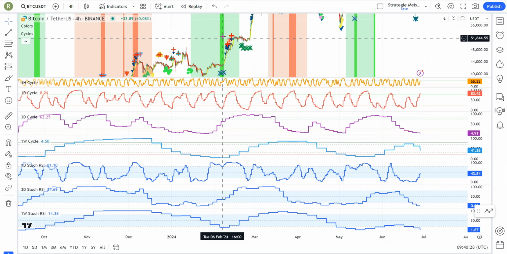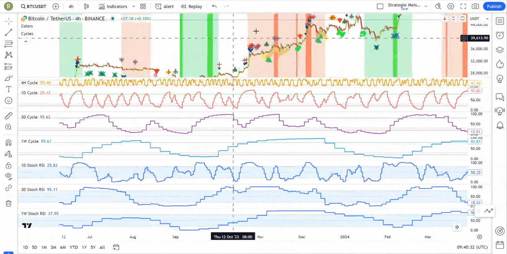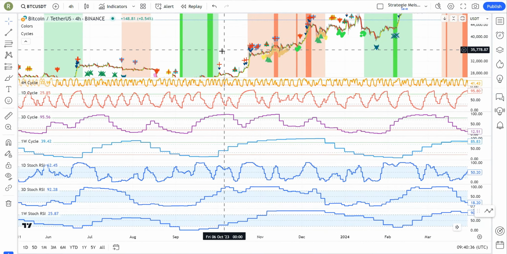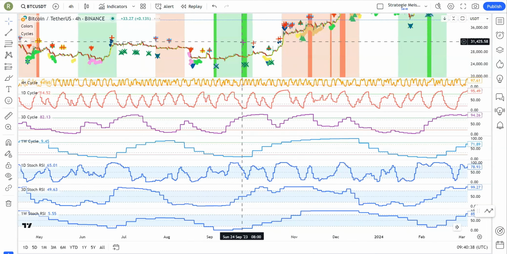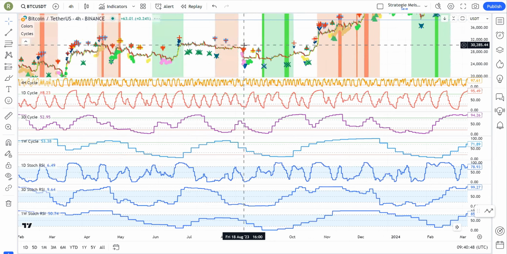Now, as you can see, those kinds of opportunities don't come often. If I go again into the past, here we have February 5th, February 7th. If we go back further, we can see that a similar situation happened on the 26th of September. So it's about 4 months of difference, meaning that those kinds of opportunities happen just a couple of times a year.